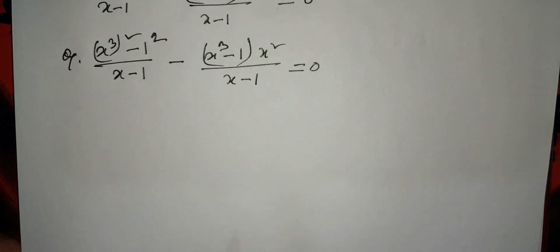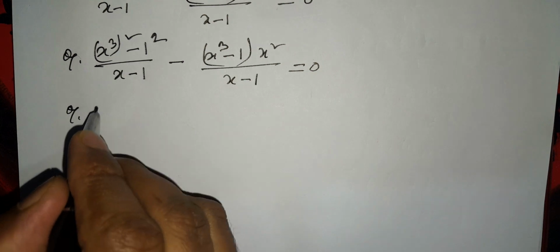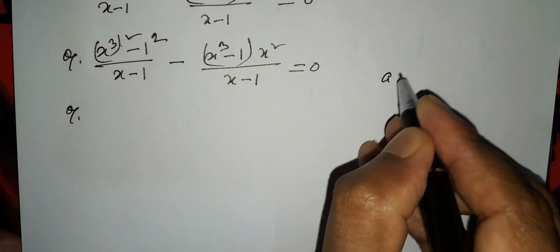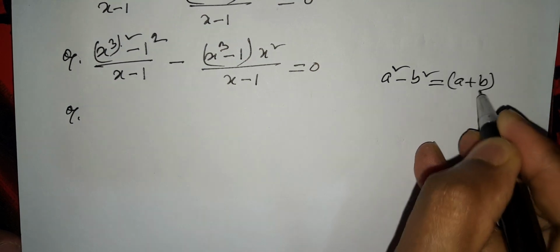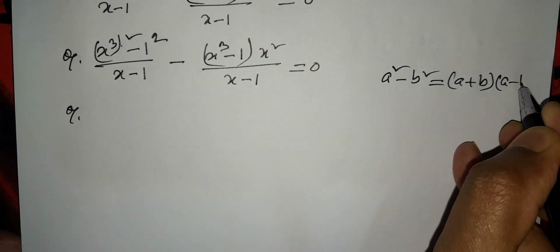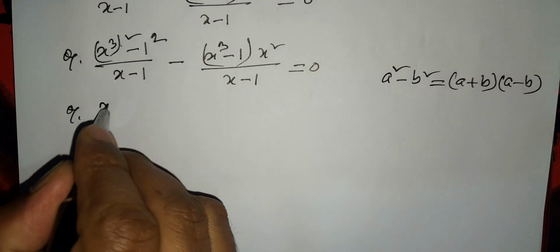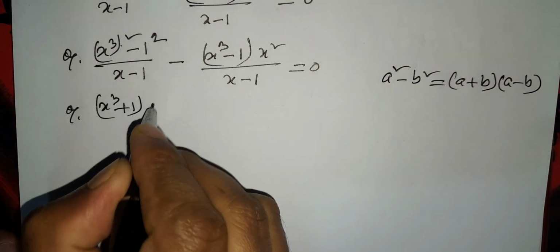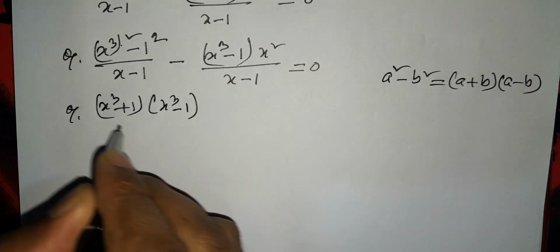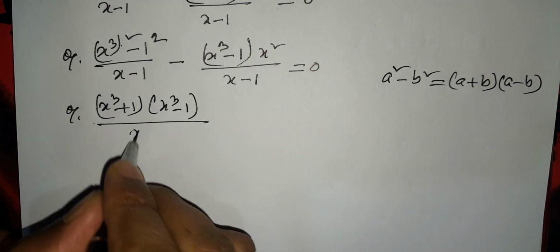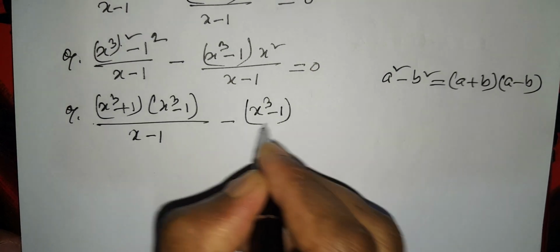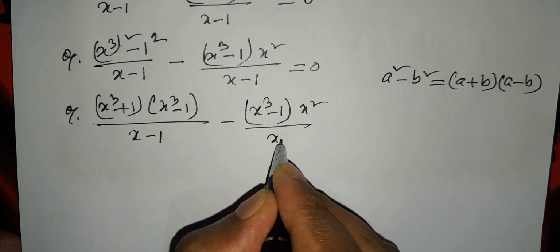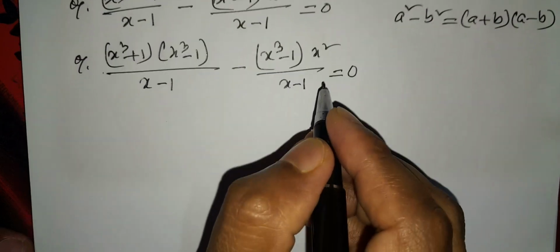Okay, we can write here using a square minus b square equal to a plus b into a minus b. So x cube plus 1 and x cube minus 1 by x minus 1 minus x cube minus 1 into x square by x minus 1 equal to 0.